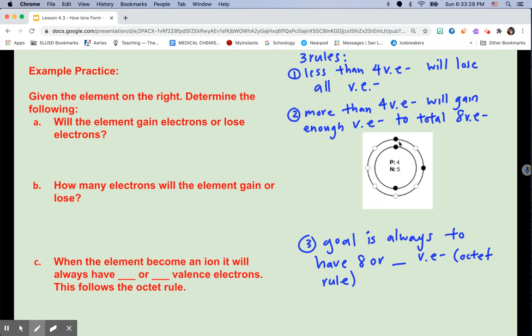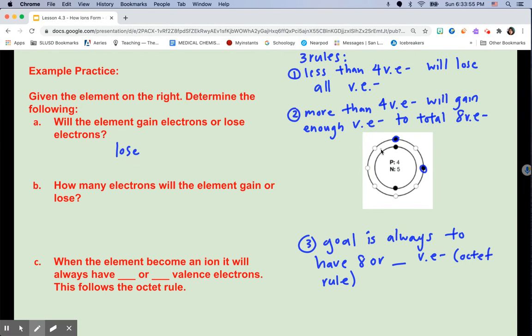So here I have 1, 2 valence electrons in my outermost ring, right? So that's less than 4, which tells me it will lose these valence electrons. So lose valence electrons.